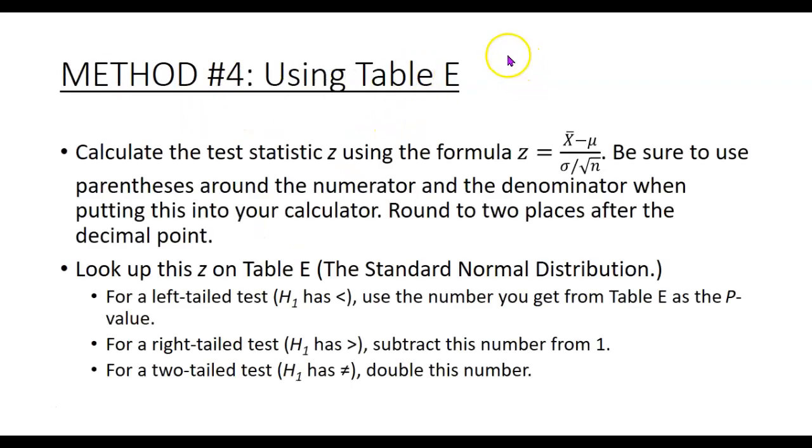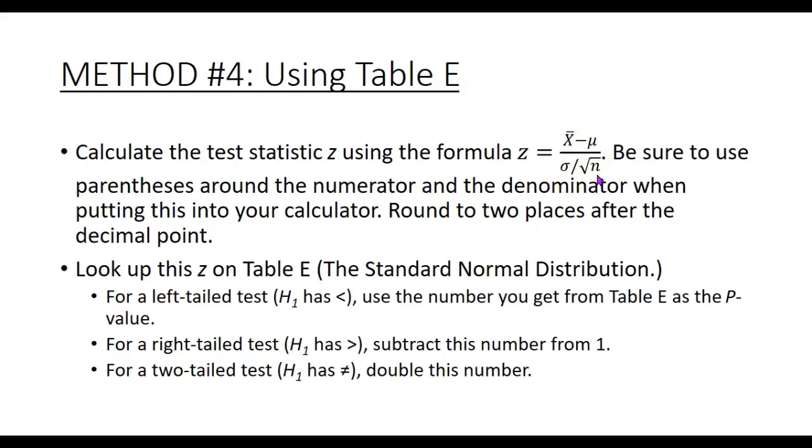And if you don't have any advanced technology available at all, you can do this kind of by hand using the tables that we've been using before. So you'd be using table E for the z-test. And you would calculate z using the formula z equals x bar minus mu over sigma divided by the square root of n.